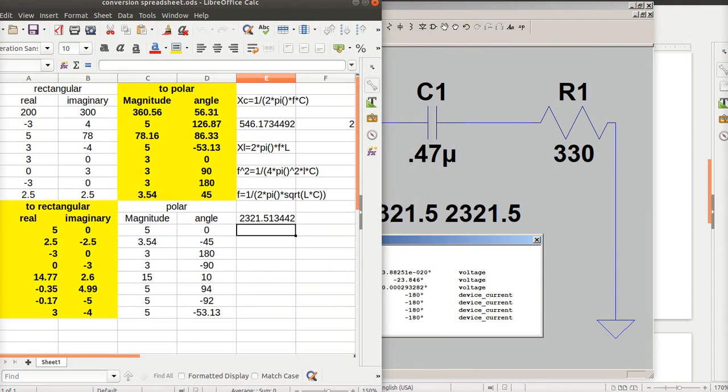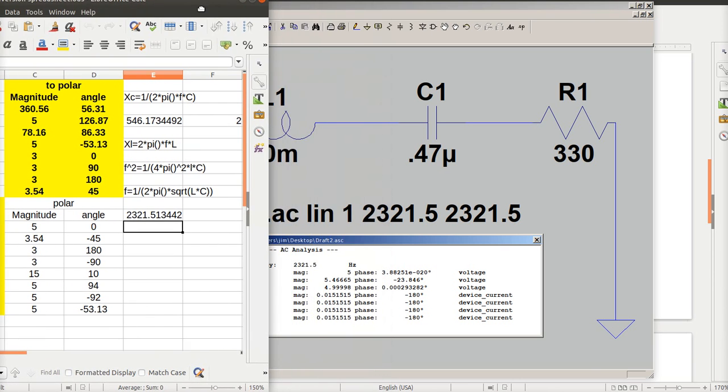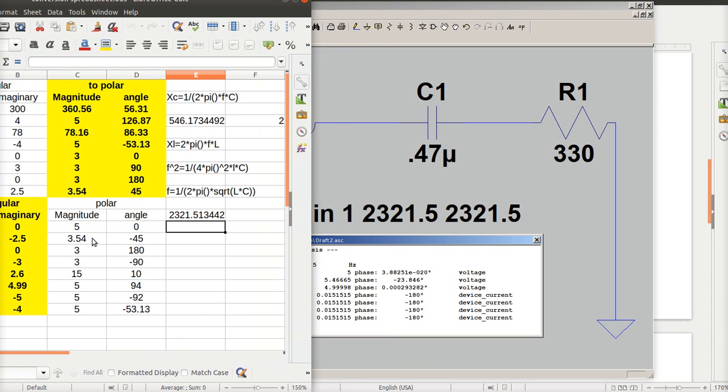So I've got a 5 and a 0. Excuse me, 5 and a 0 is my first point, and then 5.47 is the magnitude, and my angle is minus 23.846.